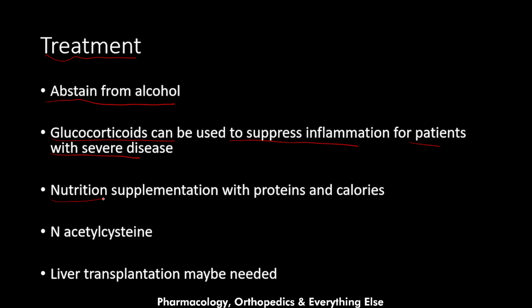Nutrition supplementation with proteins and calories is required because remember, one of the functions of the liver is related to glucose, gluconeogenesis, and glycogenolysis, and also the liver is responsible for producing different types of proteins, and once the liver can't do that, you need to supplement those to the patient. Acetylcysteine might be beneficial, and liver transplantation may be needed if the other lines failed.